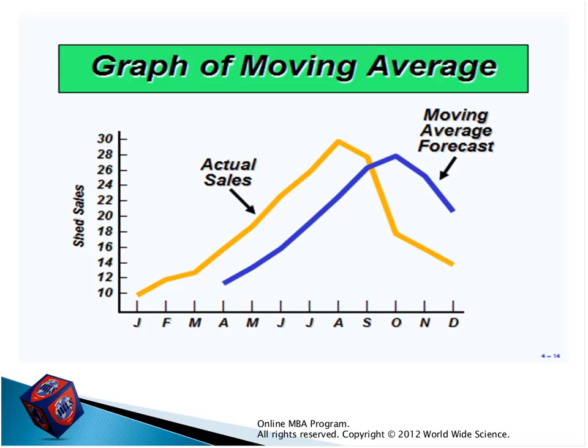If you see there is a gap, there is an error, but if they are near together, there is no big error. So moving average can help you to decrease this gap, so you can better make decisions for purchasing, for planning to produce, and something like this. So this method was called the moving average method.